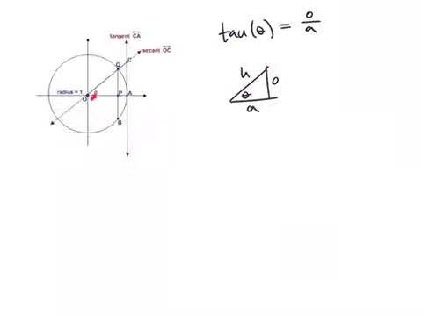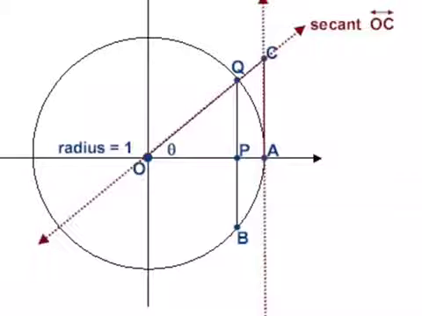If you move that theta into the right triangle on the unit circle, and then we zoom in on that unit circle, we can see here the angle theta, which is QOP or COA. Anyway, here's theta.